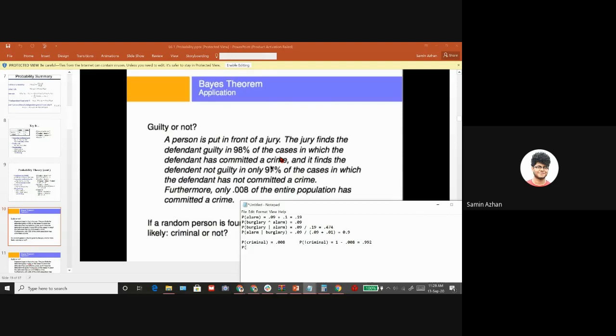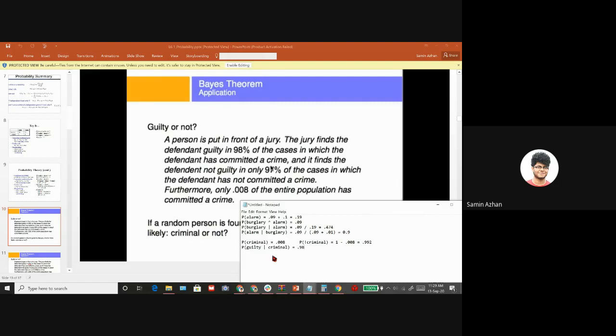Now let's look at the other facts. It says the jury finds the defendant guilty 98% of the time if the defendant has committed a crime. So that means the probability of being guilty given that the person committed a crime, that means the person is a criminal. The probability of guilty given person is a criminal equals 98%.